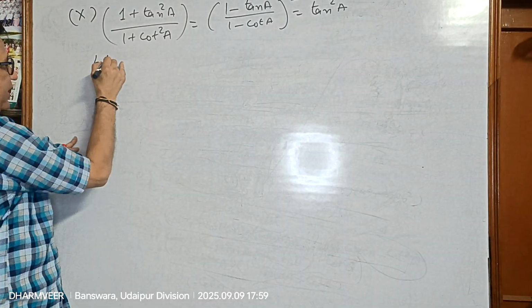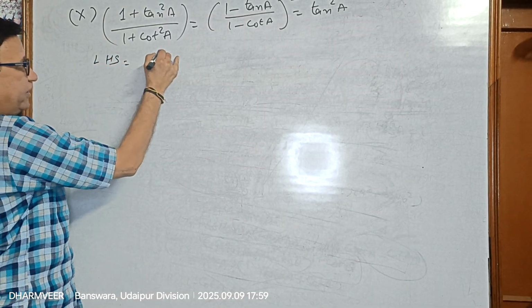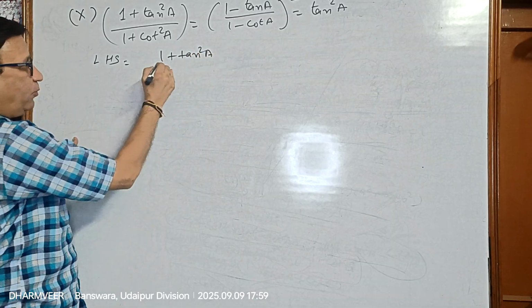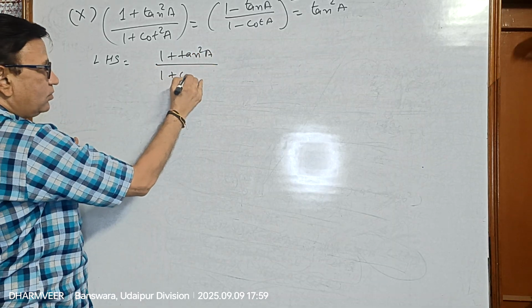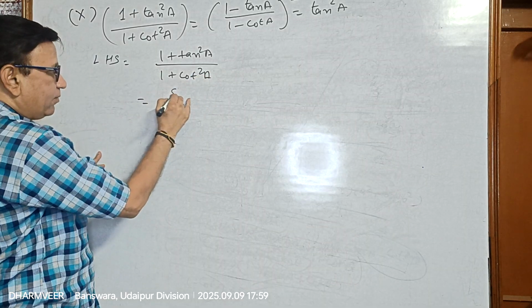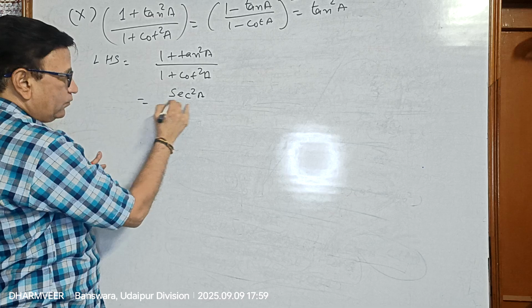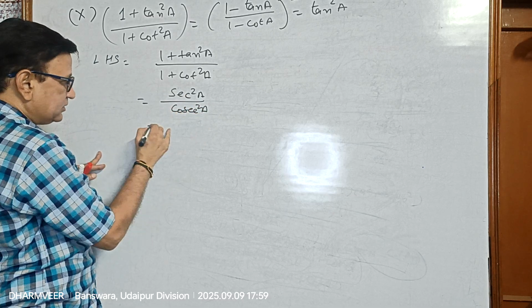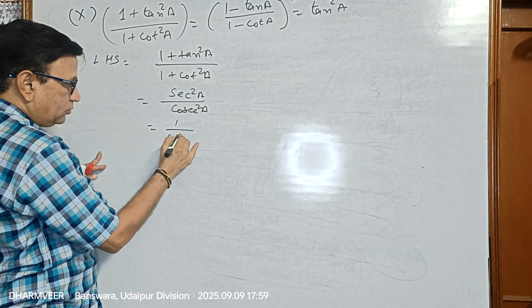So first we take the left hand side. What is written here? 1 plus tan square a upon 1 plus cot square a. 1 plus tan square a means sec square a, and 1 plus cot square a means cosec square a.